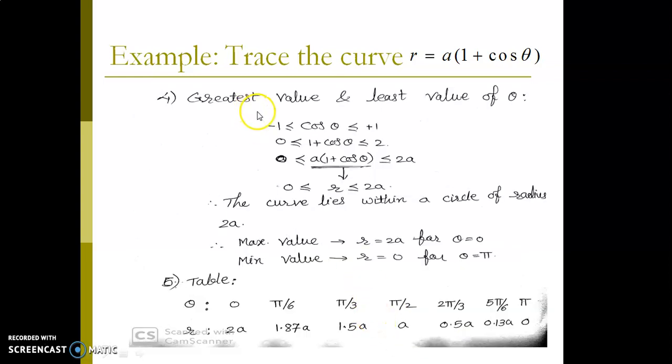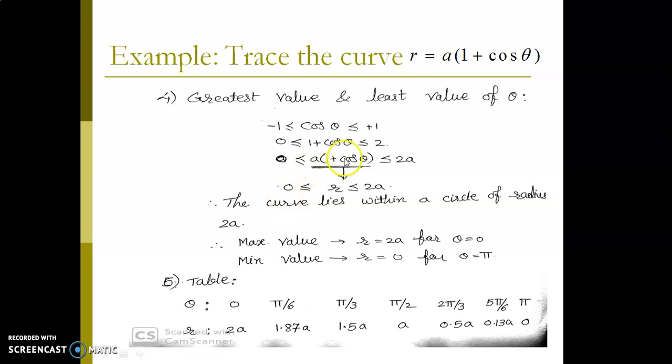Fourth point is the greatest value and least value of r. We know that cos theta always lies between minus 1 and plus 1. Now if we add 1 to each term, we get 0, 1 plus cos theta, and 2. Now multiply by a. Why are we multiplying by a? Because we convert this into the cardioid form, r equal to a into 1 plus cos theta.